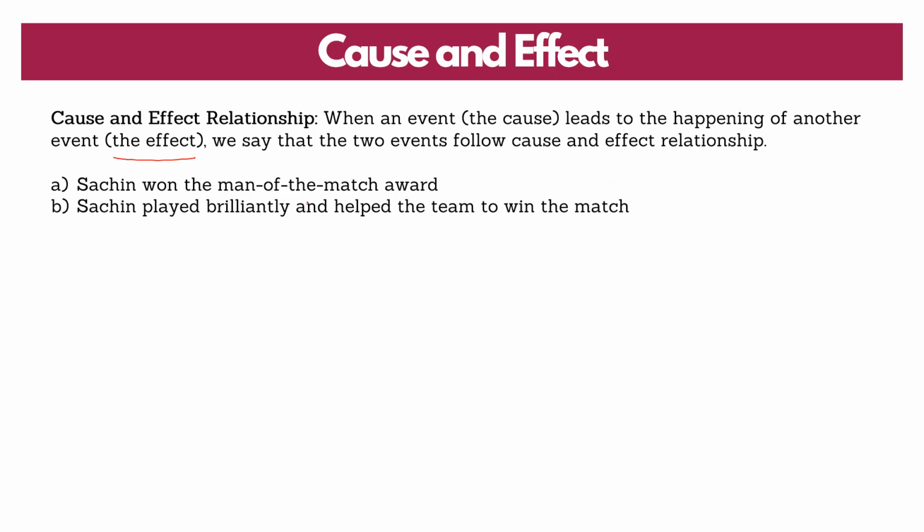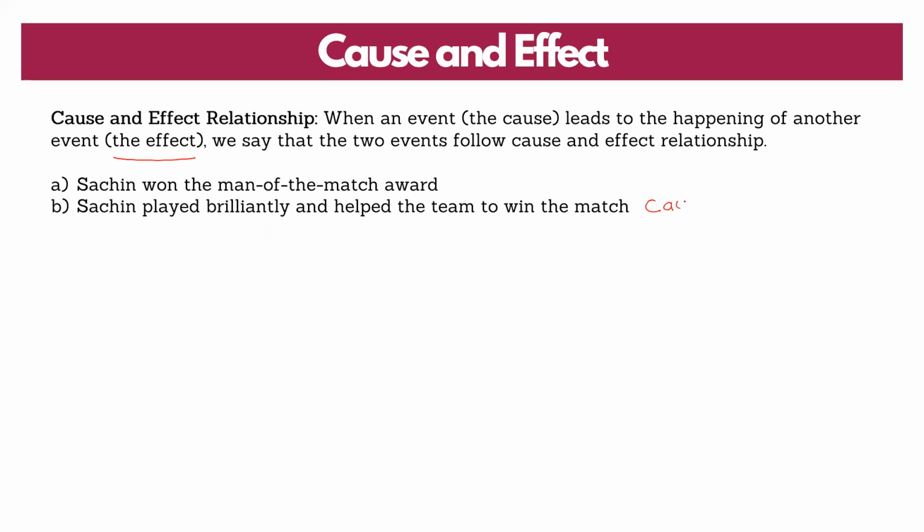Sachin won the Man of the Match award. B: Sachin played brilliantly and helped the team to win the match. Now, let us try to understand the cause and effect relationship between these two sentences. The first one says Sachin won the Man of the Match award. B says Sachin played brilliantly and helped the team to win the match. So in these two statements, there is a cause and effect relationship.